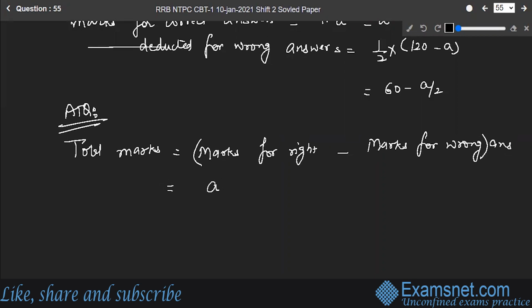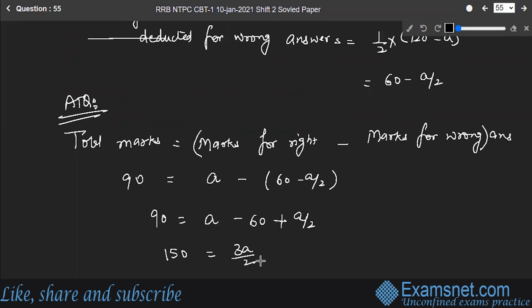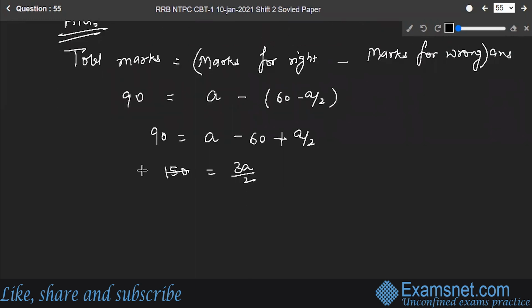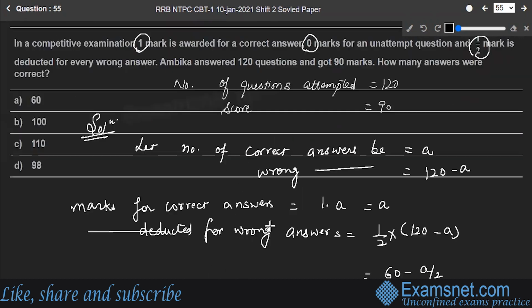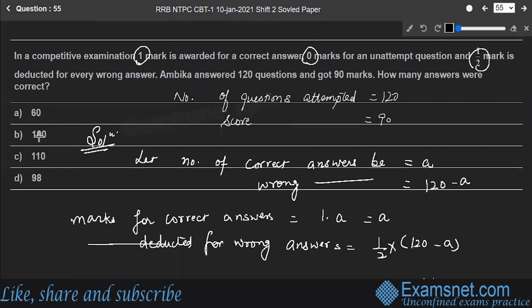That means marks for right are A minus 60 minus A by 2. This is equal to 90. 90 is equal to A minus 60 plus A by 2. 150 is 3A by 2. This will cancel and A is equal to 100. So the number of correct answers is equal to 100. I have option B as the correct answer.